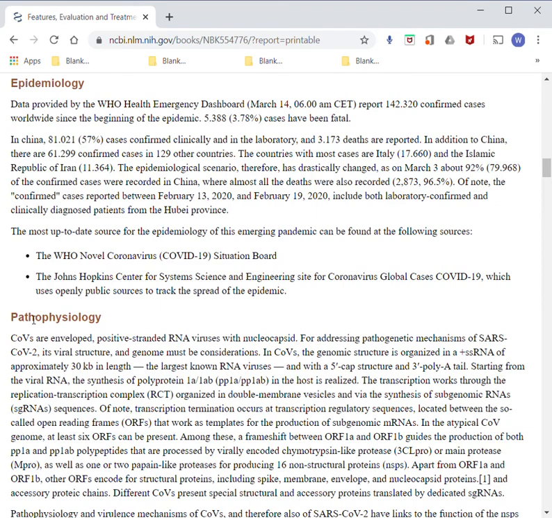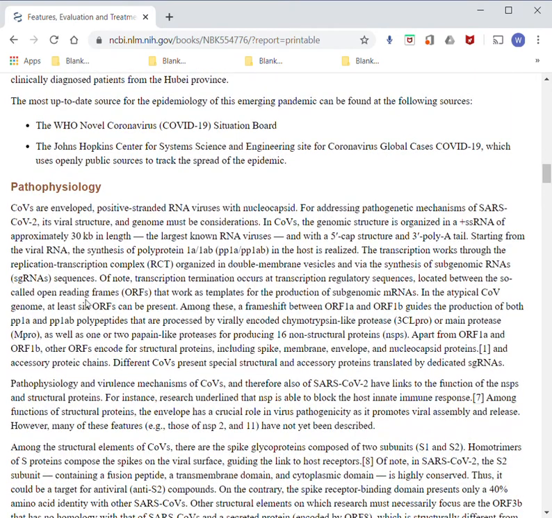You're going to go to pathophysiology right here. And it says, does this virus have an envelope? Right here in the very first part of the sentence: coronaviruses, or CoVs, are enveloped. They are positive stranded RNA viruses with a nucleocapsid.